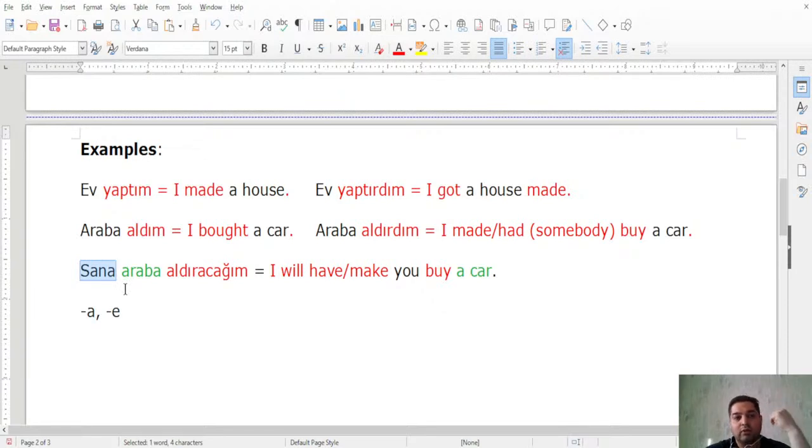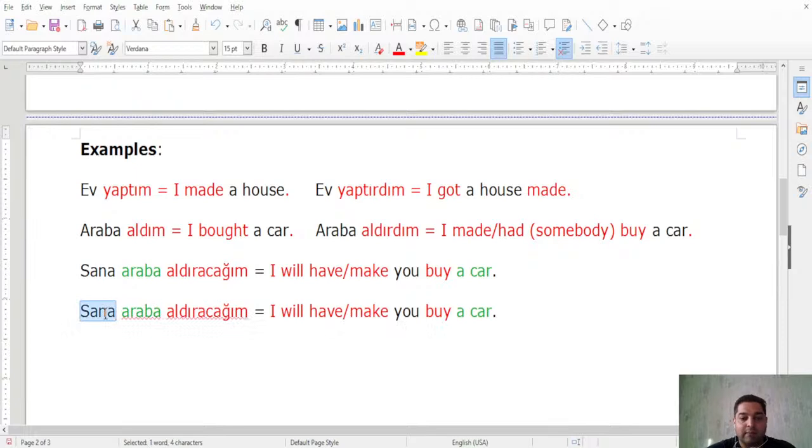Okay, for example, let's make that one as well. Let's make not you but my father, for example. Let me just copy it for you here and make it babama, right? Baba is father, babam means my father, and we have to make this a dative case. We have to add this extra a here to make it dative case, right?